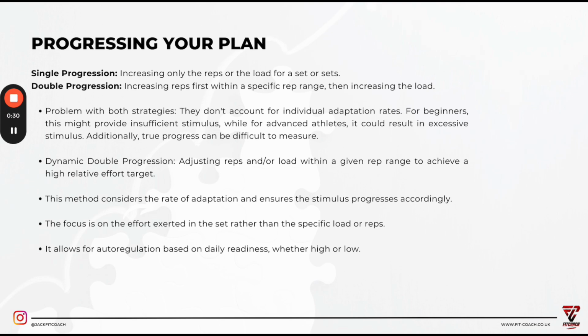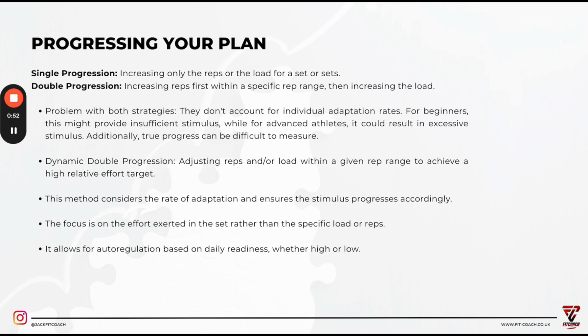Both strategies have limitations. They don't account for individual adaptation rates. For example, beginners might not get enough stimulus, and for advanced athletes, they might result in excessive stimulus. Additionally, measuring true progress can be challenging with these methods, especially dynamic double progression.